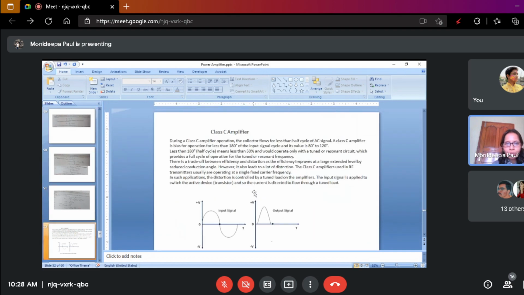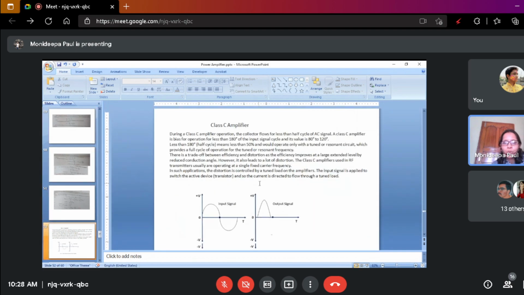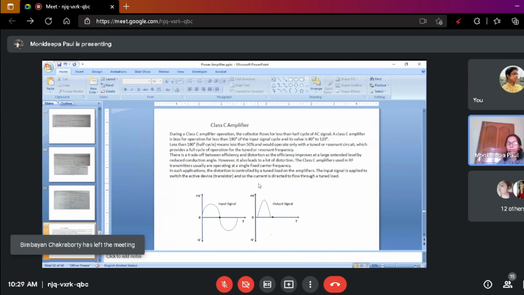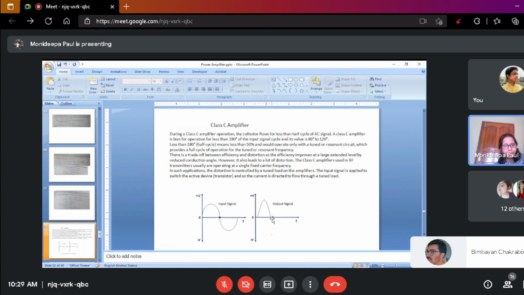Before going to the numerical problem, first you should know what a class C power amplifier is. In a class C power amplifier, we apply the input signal and get an output for less than half of the input signal, less than the positive half. During the positive half, we get output, but for less than half.